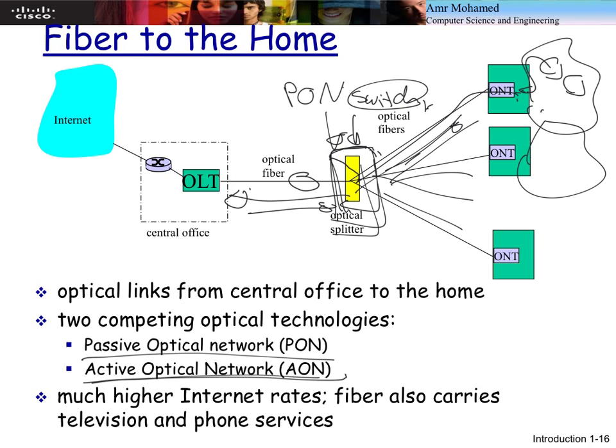Using this fiber to the home, we can then support all types of services. We can use it for voice over IP, for TV, for data, we can use it for everything.